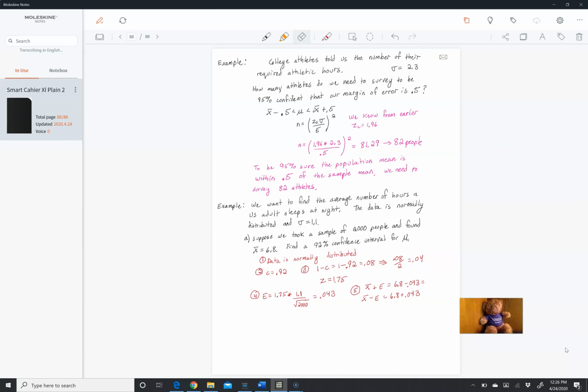And we get 6.757 and 6.843. So we can make the conclusion that our population mean is between 6.757 and 6.843 with 92% confidence.